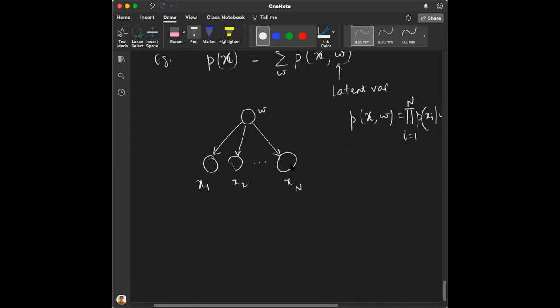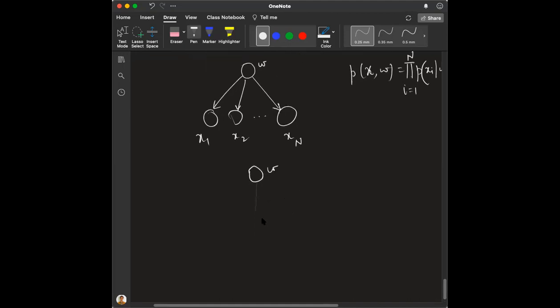So this model I can represent in short as this w, and this is my xn, and now there is this plate, which represents that I have multiple instances of n and the total capital N instances.